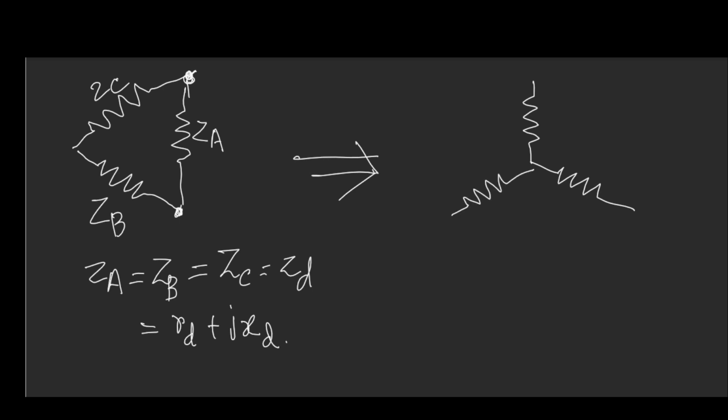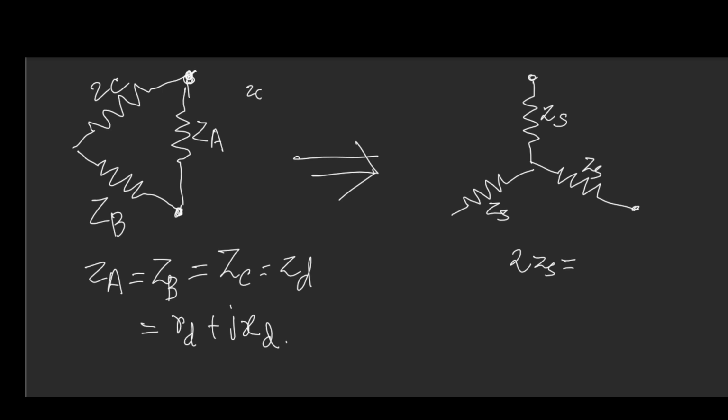As the primary side is balanced, the secondary side can also be considered balanced. So every phase has ZS, ZS, ZS. What you can write from here is 2 ZS. And how much should 2 ZS be, if you consider from this side?